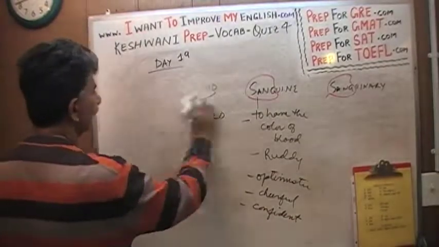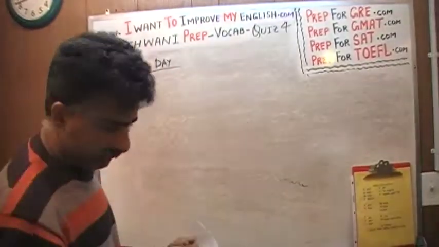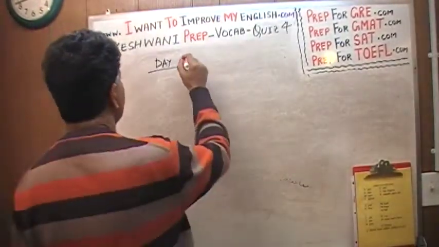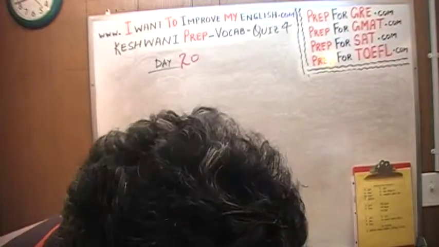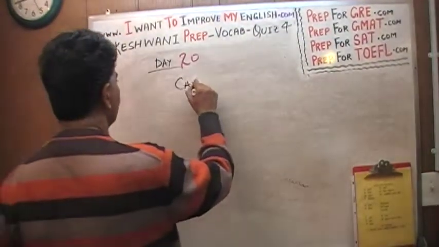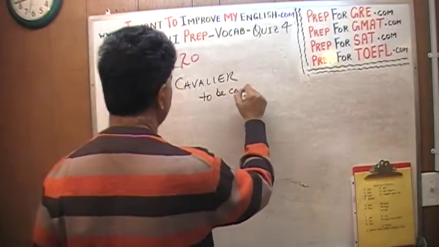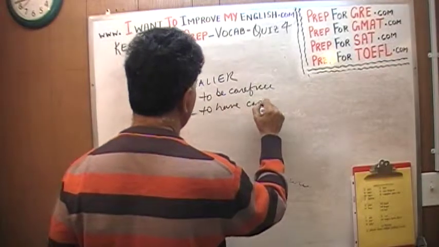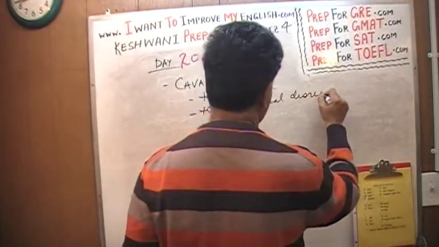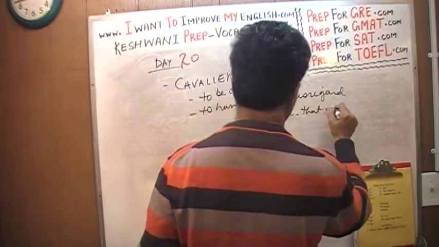Let's go on then. Last time, on day 20, the very first word we learned was cavalier, which means to be carefree, to have casual disregard for something that is important.